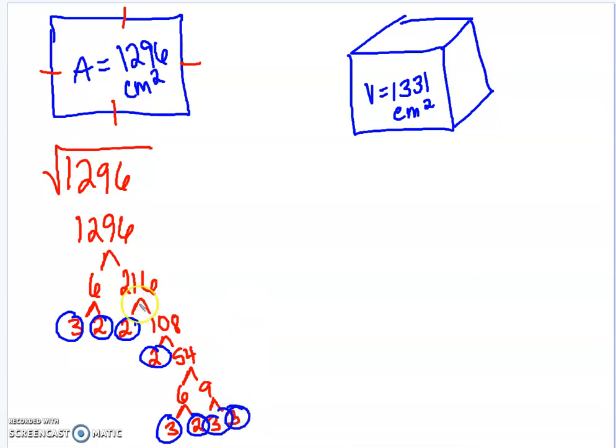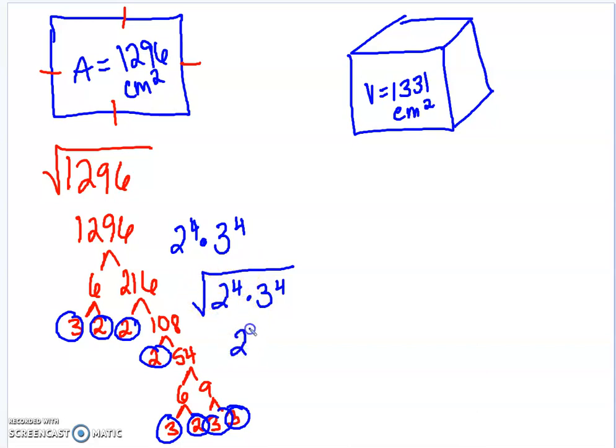and rewrite it as 2 to the power of 4 times 3 to the power of 4. So to find the square root of this, I'm going to put 2 to the 4 and 3 to the 4 under a set of brackets. And we're going to divide the exponent by the index of the square root, which is just a 2. So this will give us the power of 4 divided by 2.